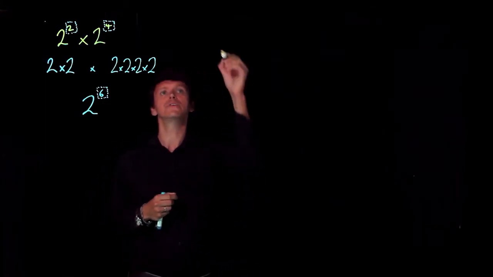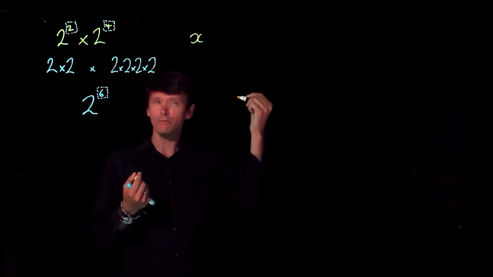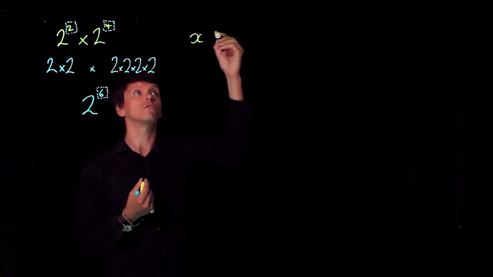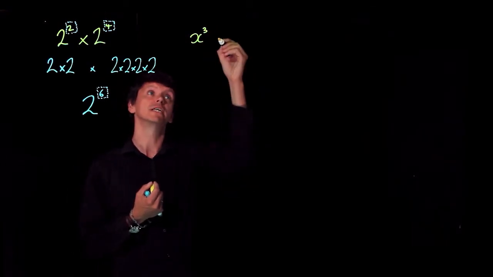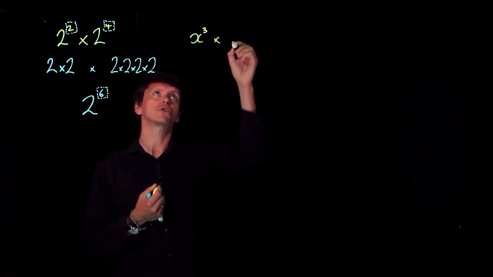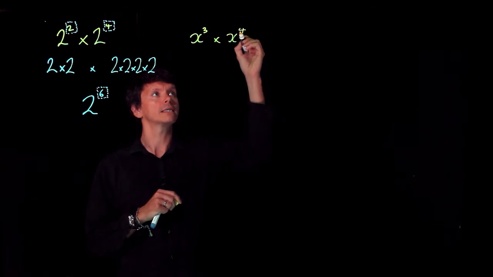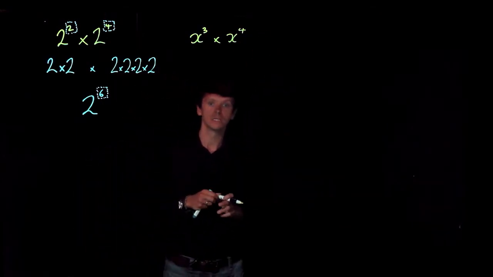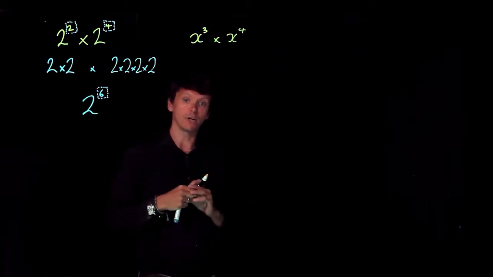Let's say we're dealing with x now, a variable. We don't know what it is, but it's x cubed we're interested in, and we're going to multiply x cubed by x to another power, let's say x to the power of 4. Well, we're going to do just like we did over here. We're going to expand each of those terms.